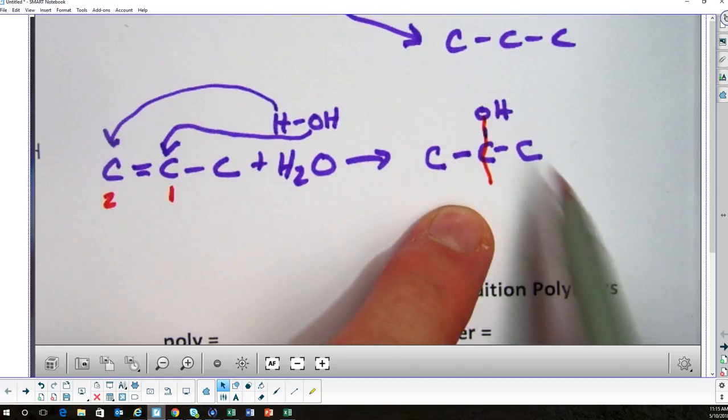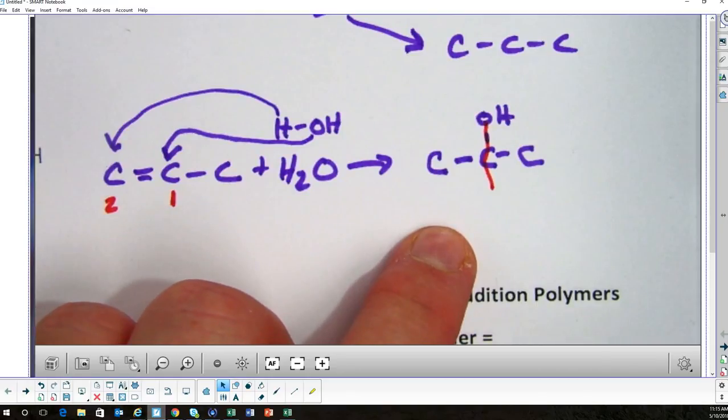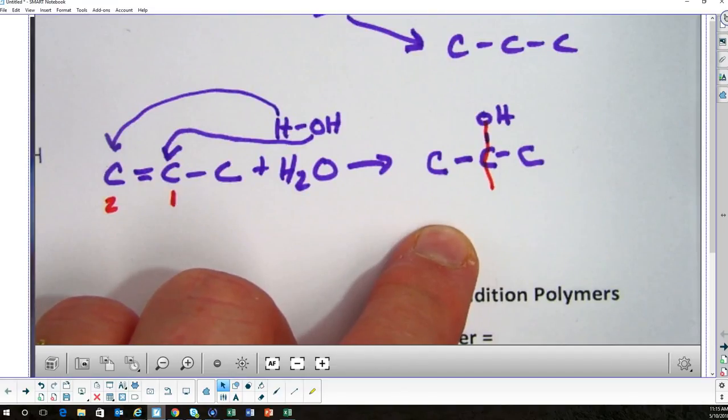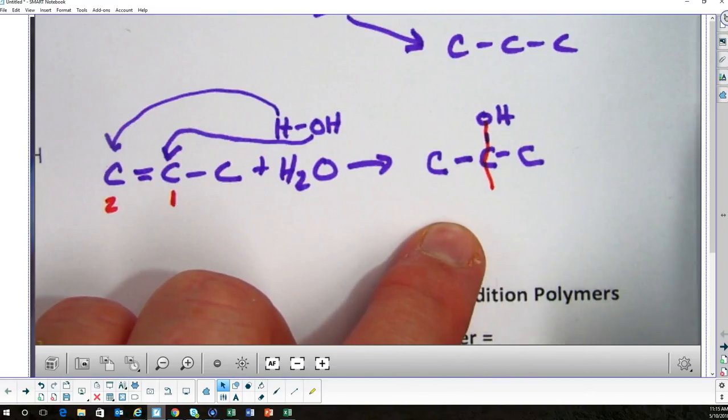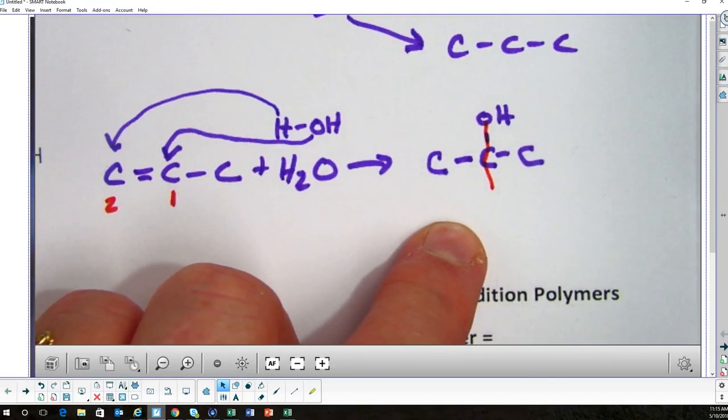It's iso. It's the same off each side. So isopropyl alcohol is a common name. This would actually be named 2-propanol. But that's later, down the road.